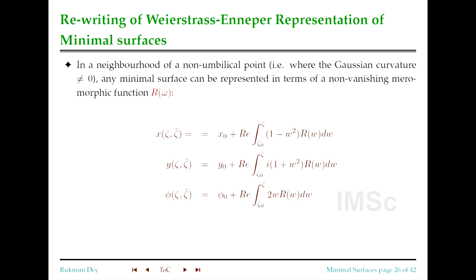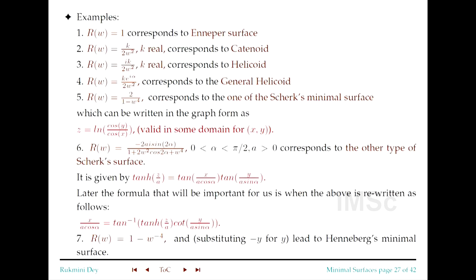Again, this is always going to be a minimal surface, and you can pick and choose your R. For example, R equal to 1 corresponds to the Enneper surface, this corresponds to the catenoid, this corresponds to the helicoid. All you have to do is pick your favorite R and perform the integrals to get your minimal surface.